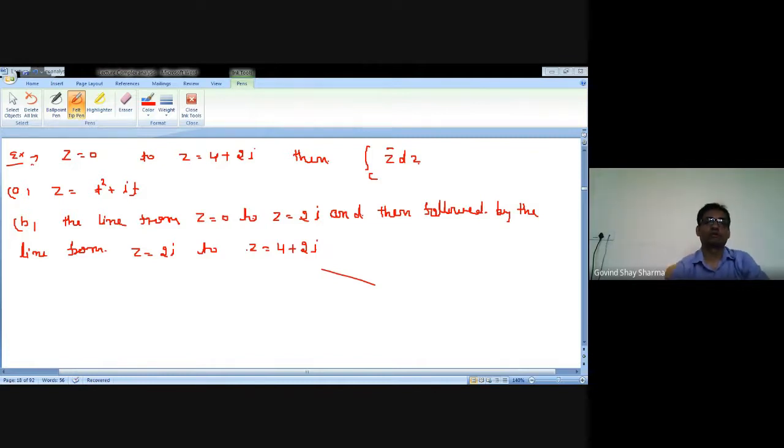Given that z goes from 0 to 4 plus 2 iota, and the function is given as z bar dz, and z is given in the form of t.